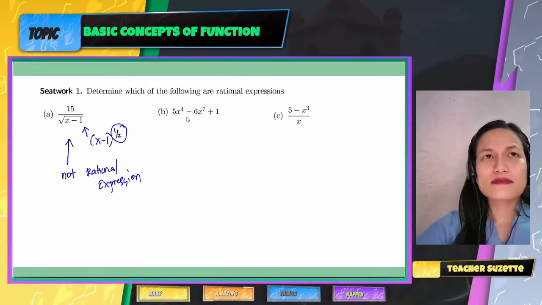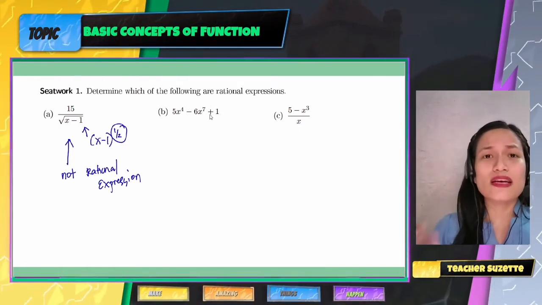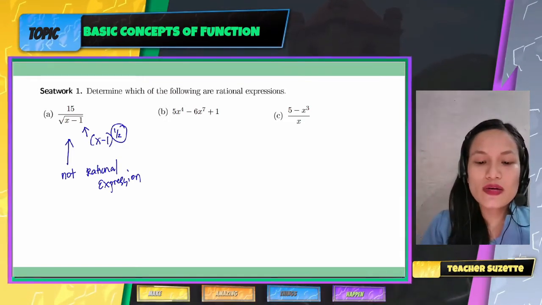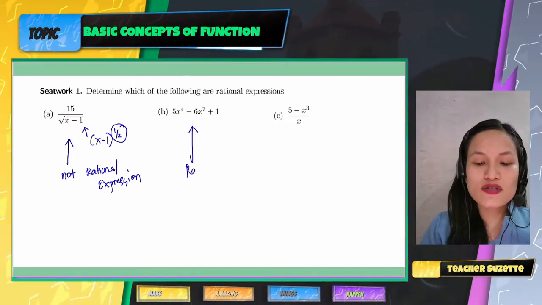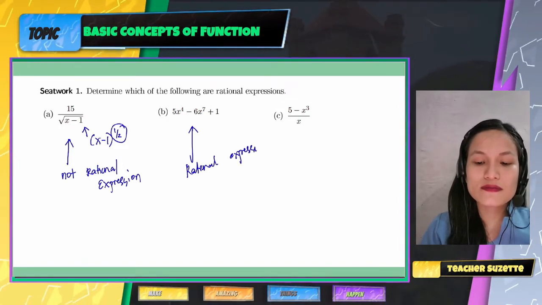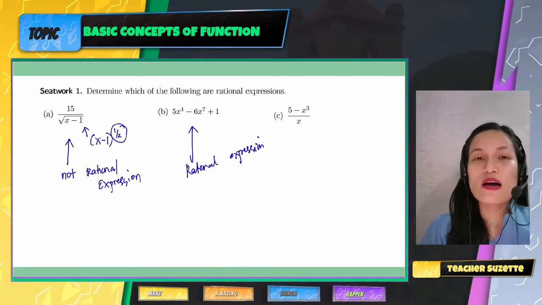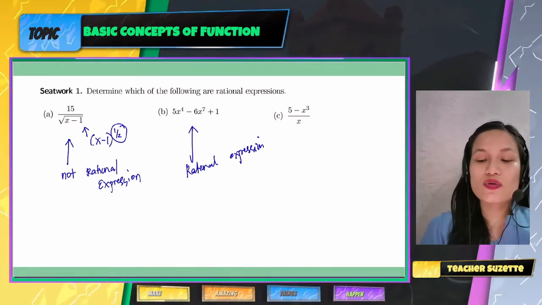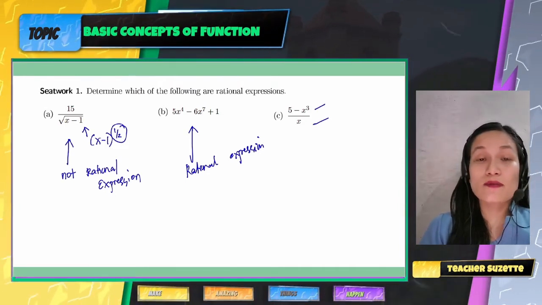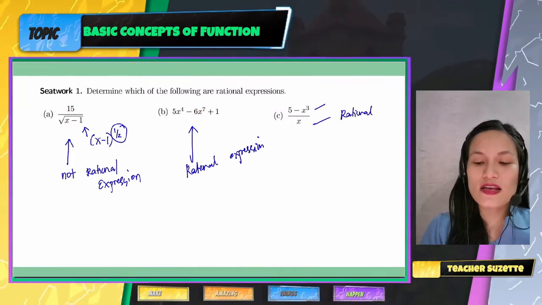Ma'am, it has no denominator. Even if there is no denominator, you all know that the denominator for that one is 1. So, therefore, letter B is a rational expression. Next, letter C. You have 5 minus x cubed over x. Obviously, polynomial over polynomial. Therefore, this is a rational expression.